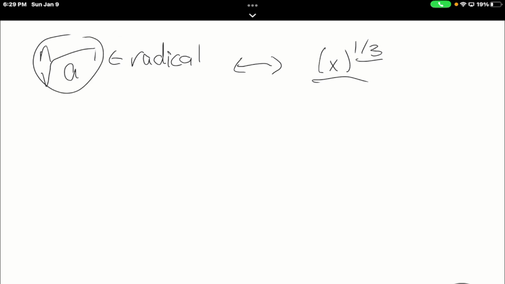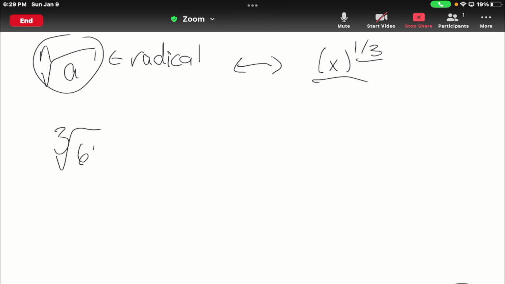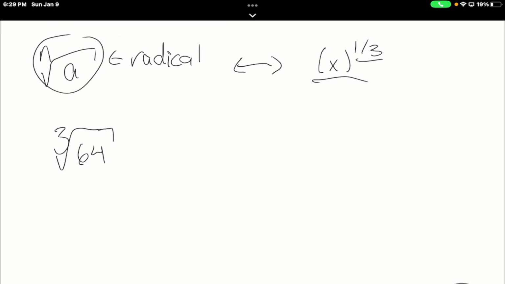That's literally the whole goal of this first section: translating between these two, knowing how to do that, simplifying stuff if we can, and then knowing how to use a calculator to type these in. Because initially you might see this and know how to figure it out, but want to type it in your calculator.